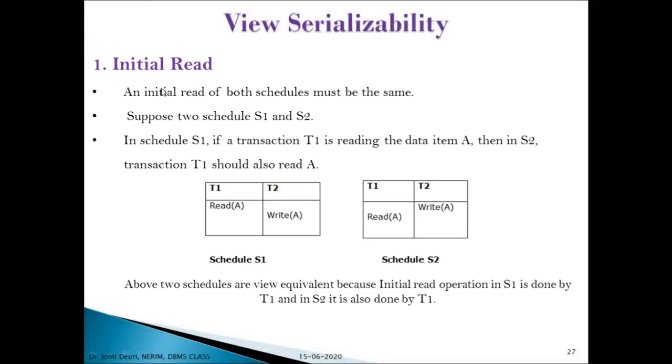Okay. So, initial read. Both schedules must be the same. Suppose you have two schedules S1 and S2. If a transaction T1 is reading the data item A in S1, then in S2 transaction T1 should also read A. If T1 is reading and T2 is writing in the first schedule, then in the second schedule T1 is doing only the read operation and T2 is doing the write operation.